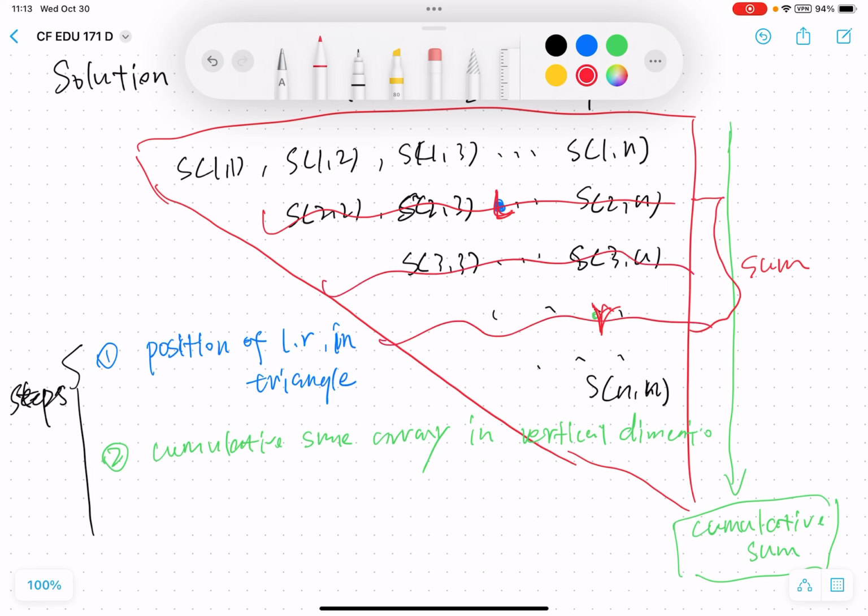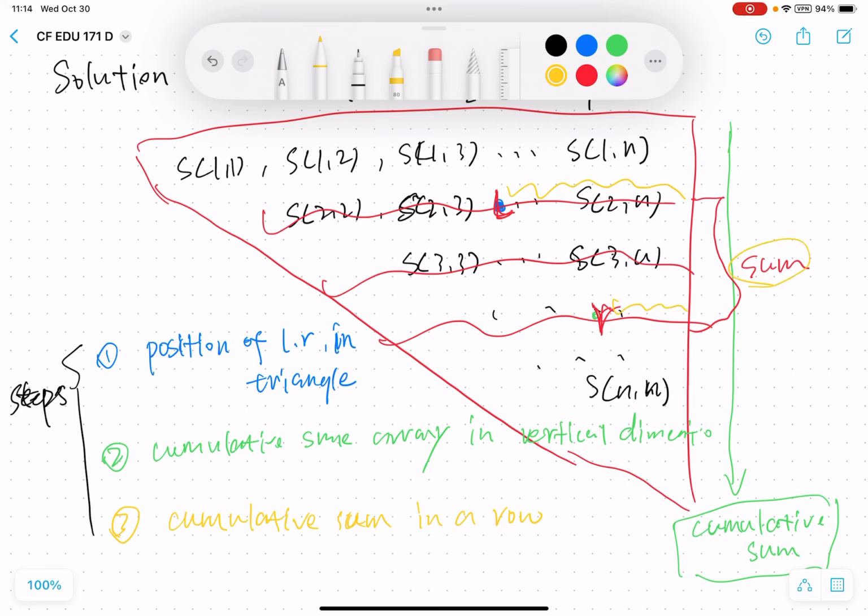So after that, the last thing we need to do is get the cumulative sum in a row. That means we need to get the sum of this value and this value.